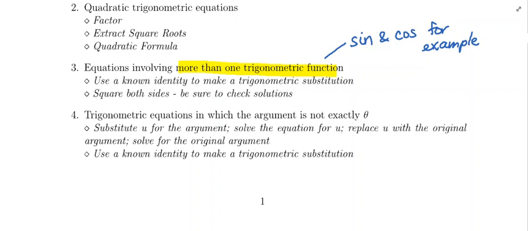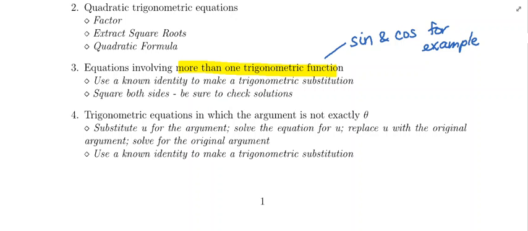But that will work. And if you do use this method where you're squaring both sides, you need to be sure to check your solutions, because the process of squaring both sides can produce extraneous solutions, which means you might get something that looks like it is a solution, but then if you plug it back into the original equation, it doesn't work, so you have to get rid of it.